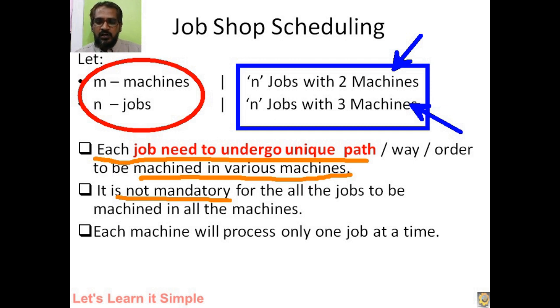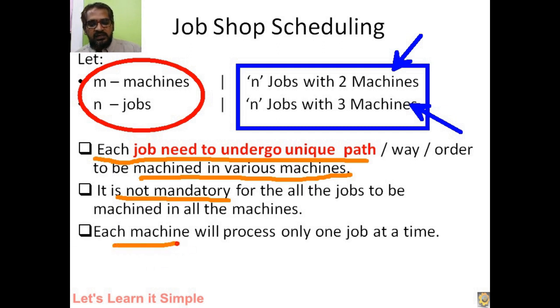It is purely based on the requirement. So if you have n jobs with m machines, all the jobs may undergo operations in all the machines, or one or many jobs may not. That is the second point.